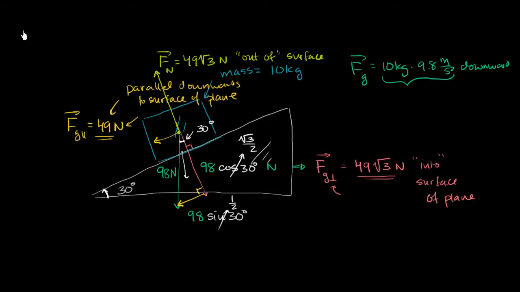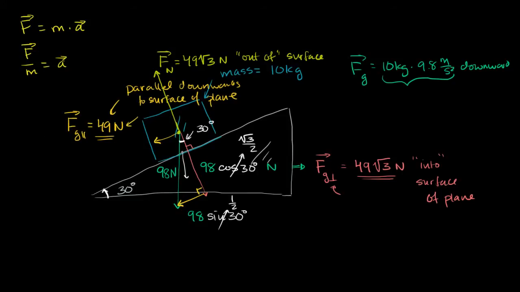You have force is equal to mass times acceleration. Or you divide both sides by mass, and you get force over mass is equal to acceleration. Over here, our force is 49 newtons parallel downwards to the surface of the plane.